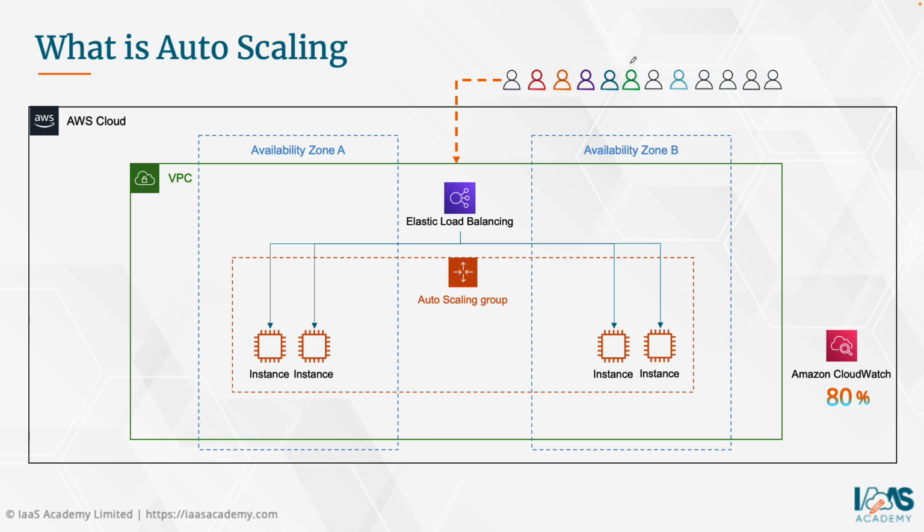So at a particular metric, say for instance, CPU utilization hitting 80% for about 15 minutes, we could trigger an alarm. The alarm will then call on the auto-scaling group to take some action, because now the average CPU utilization is at 80%. It's bound to degrade performance. Users are potentially going to start complaining, and we want to do something about it. We want auto-scaling to take the necessary action.